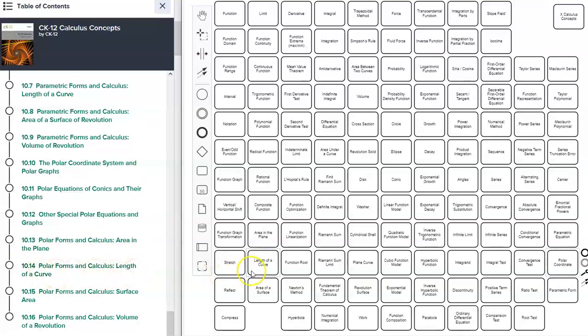Length of a curve. We have length of the curve, but I don't have area in a plane. Length of a curve, surface area, and volume of a revolution.